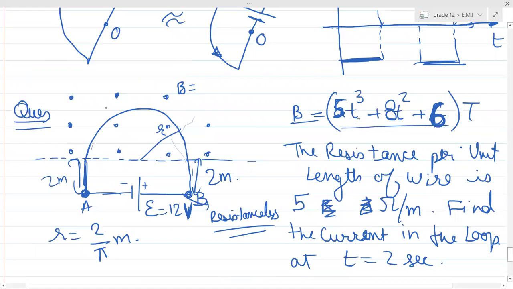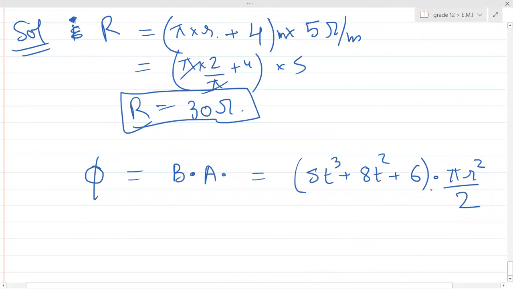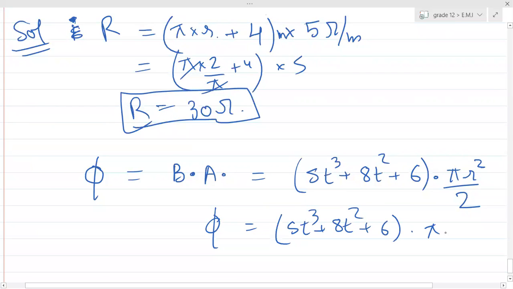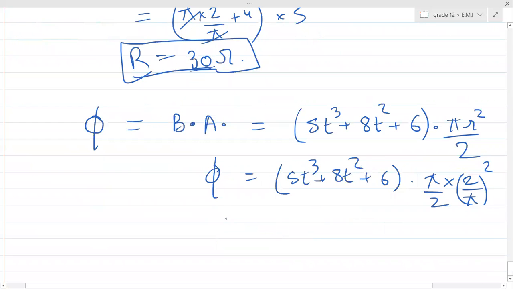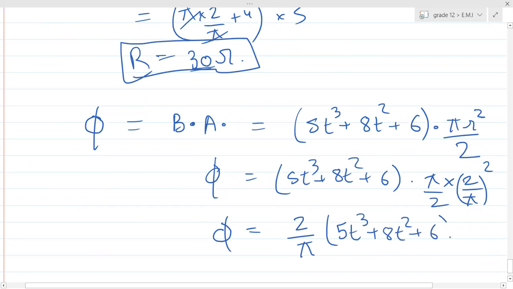Pi r square divided by 2, because we only wanted this semicircle. So this is pi r square by 2. And r was 2 by pi, whole square. So this is the flux.